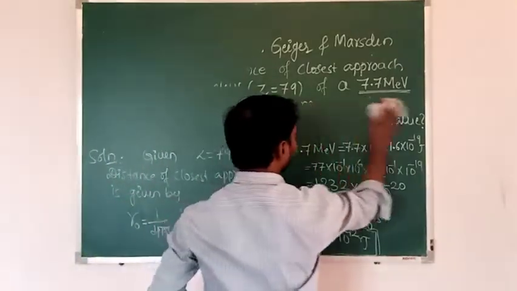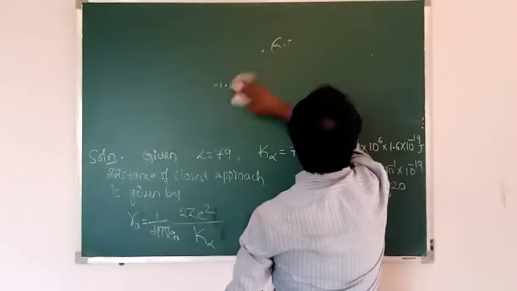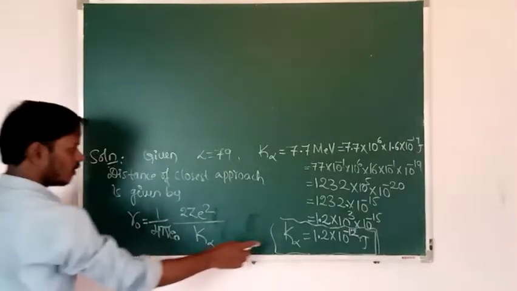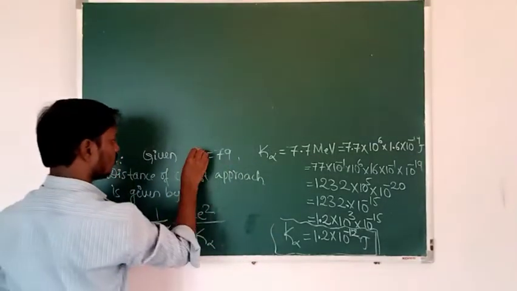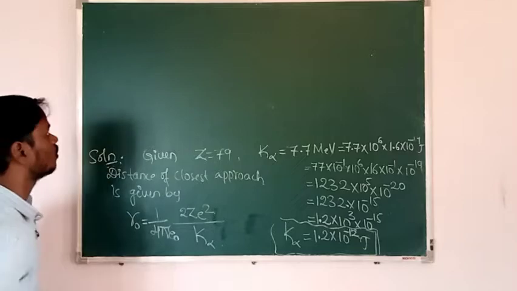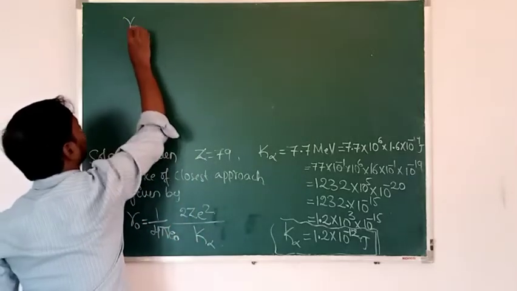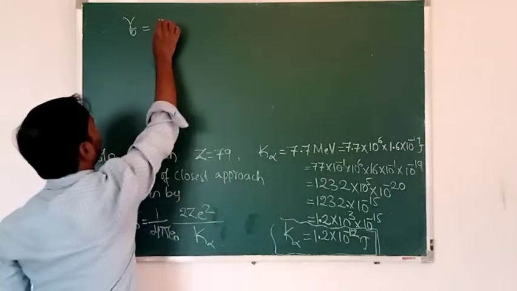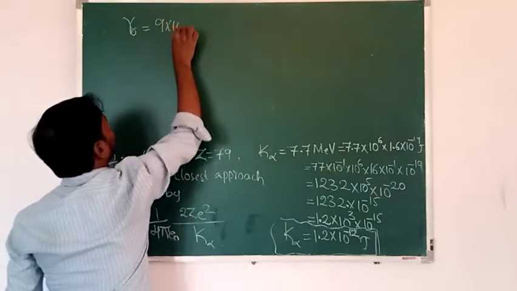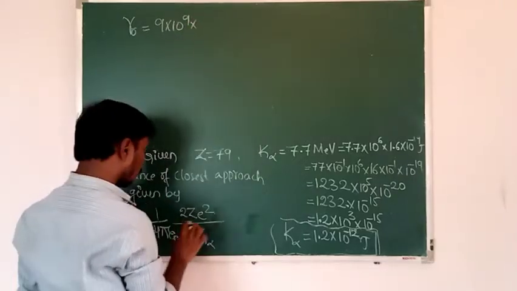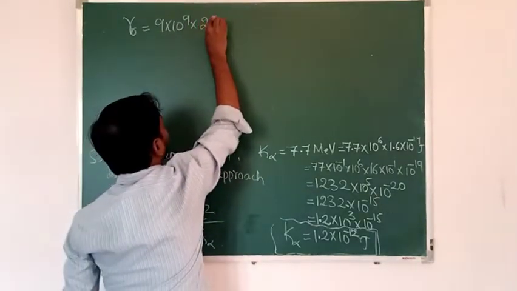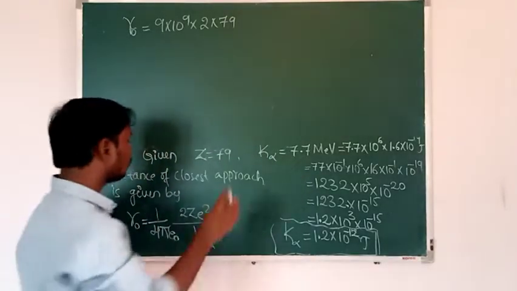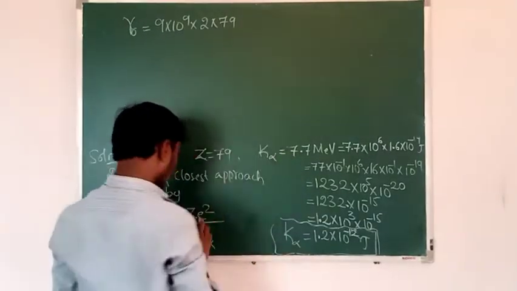Then substitute the values here. By putting these values in this equation, you will get the distance of closest approach. R naught is equal to, what is the value of 1 by 4 pi epsilon naught? That is 9 into 10 to the power of 9. Then 2 into Z. Z is 79. Then e square.